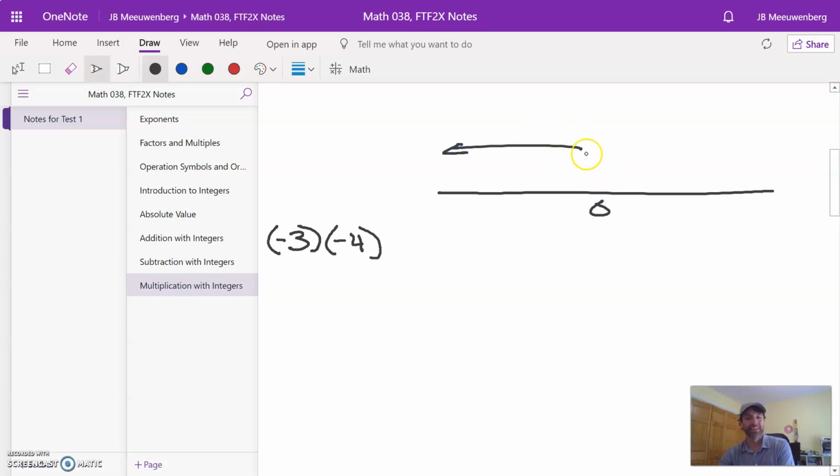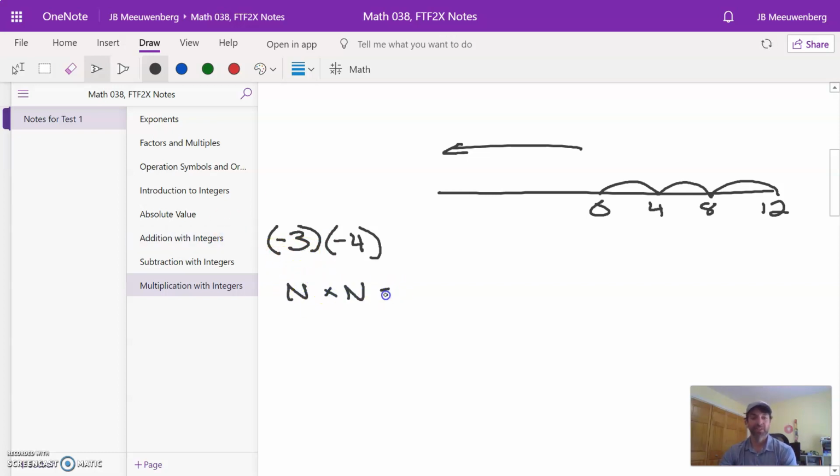A positive times a negative gets us into the negative land. But if we're doing a negative times a negative, it's the opposite of that. So this is like really going not this way, but it's going this way. 4, 8, 12. When we multiply two negatives, it's the opposite of the opposite, which is a positive.